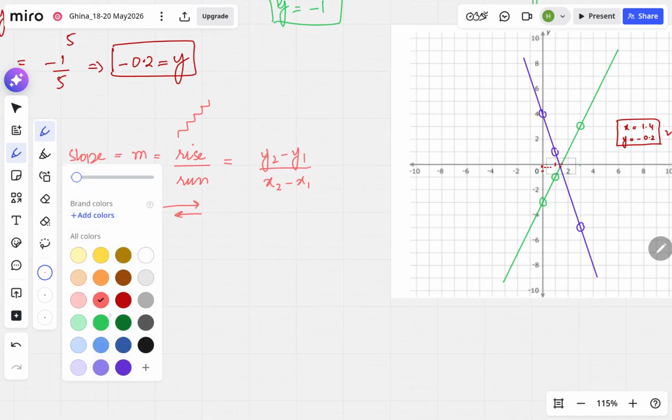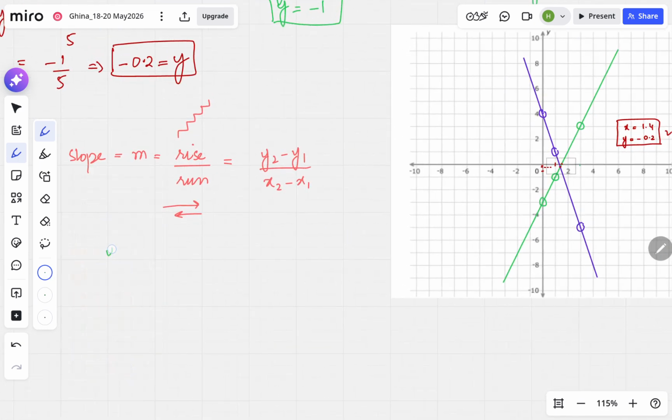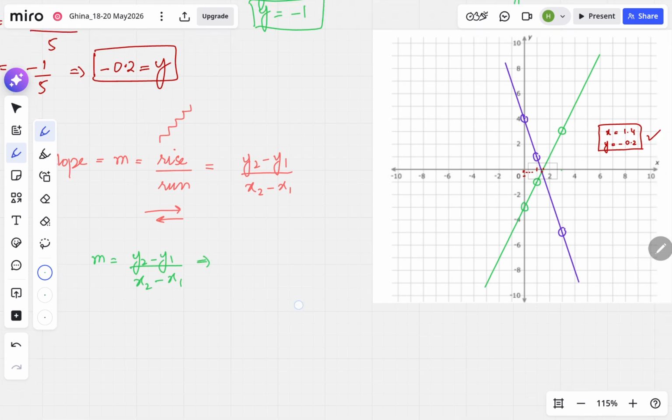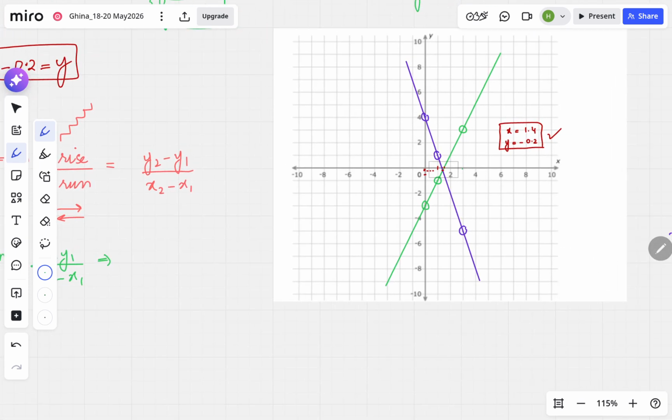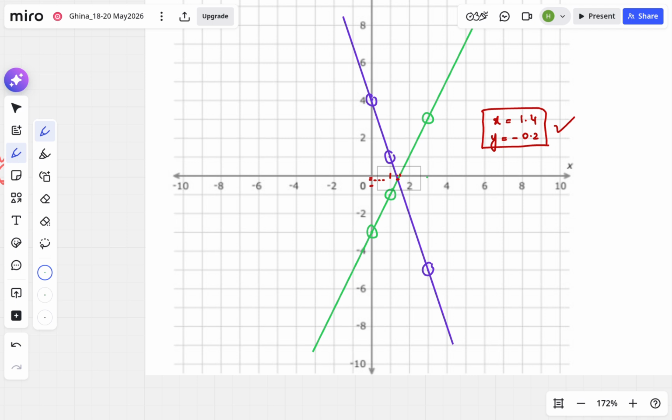So for the green one, I have the slope. You can take any 2 points. I'm taking this point and this point.